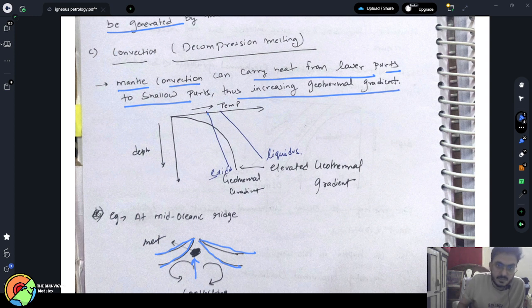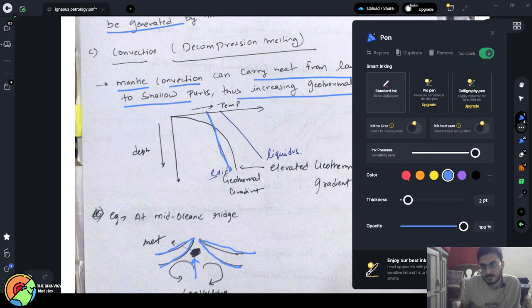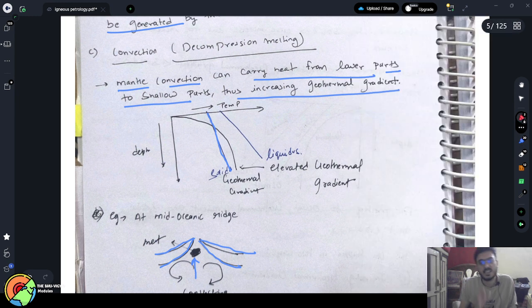So this is our normal solidus curve here, and because of decompression melting, because of the rising plume and this convection current, your geothermal gradient is increased here. This portion is the elevated geothermal gradient.